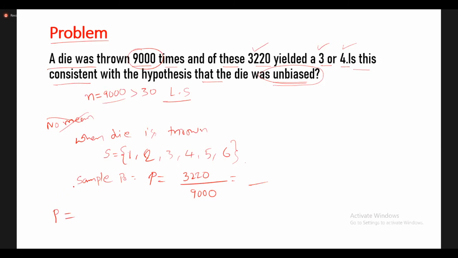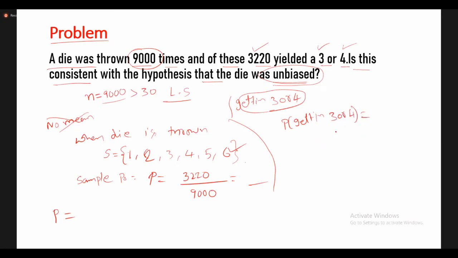What are they discussing here? Getting 3 or 4, right? Just now I said proportions means just like probability. When a die is thrown, what is the probability of getting 3 or 4?